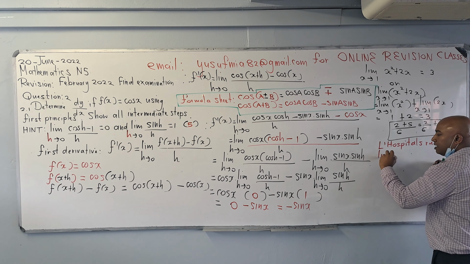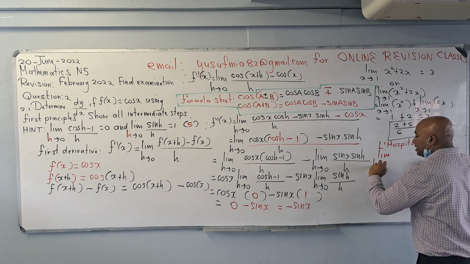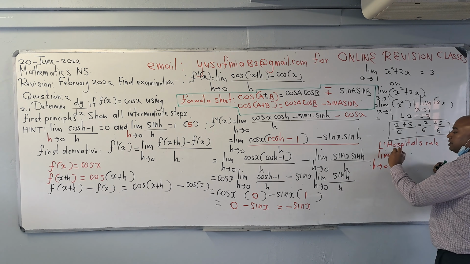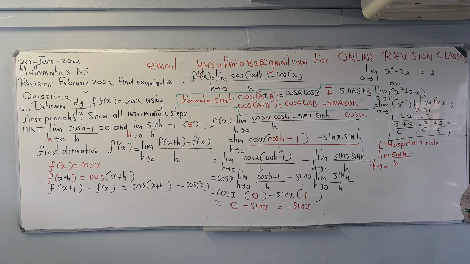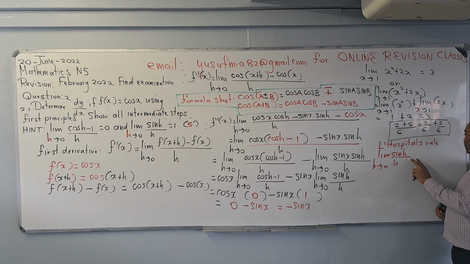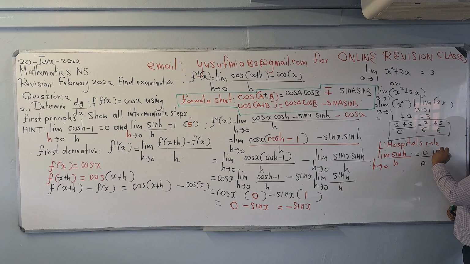If I say the limit as h approaches 0 of sine h over h, remember the rule. Now, if I substitute 0 here, sine of 0 is 0. If I substitute 0 here, I'm getting 0 again. So remember, this is an indeterminate form.